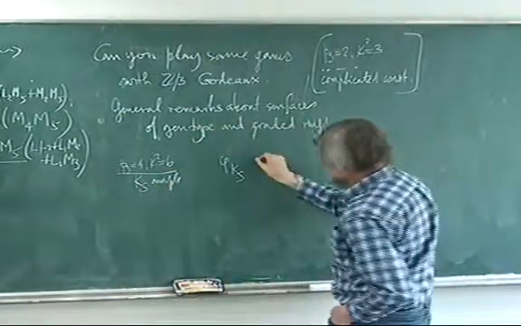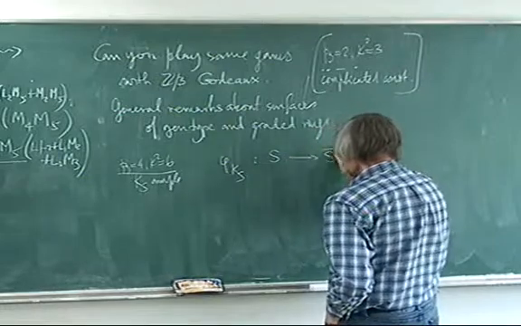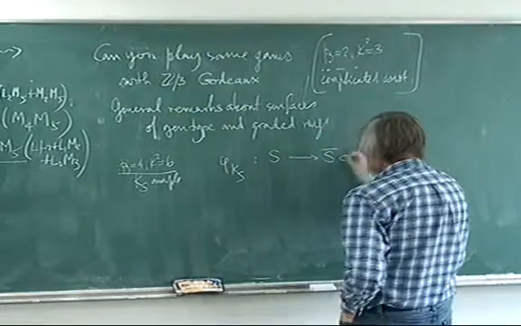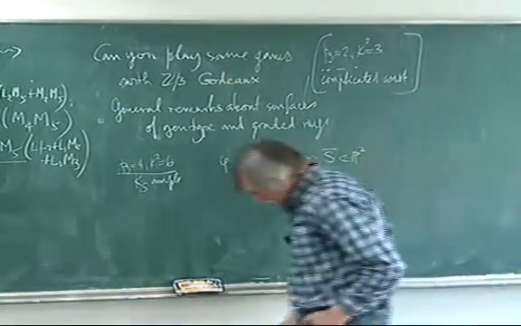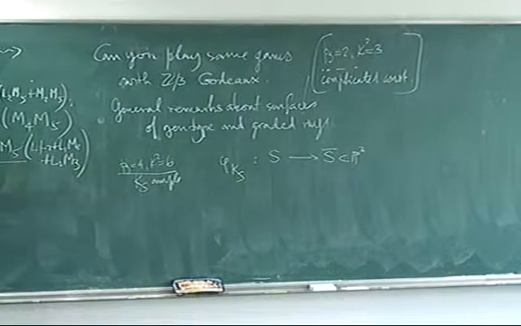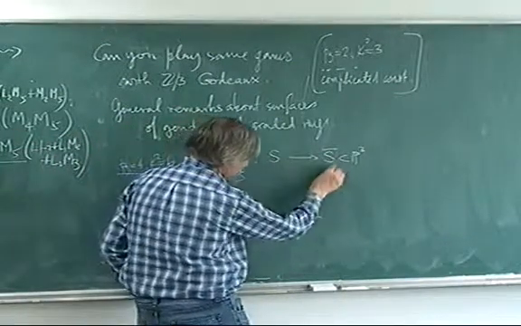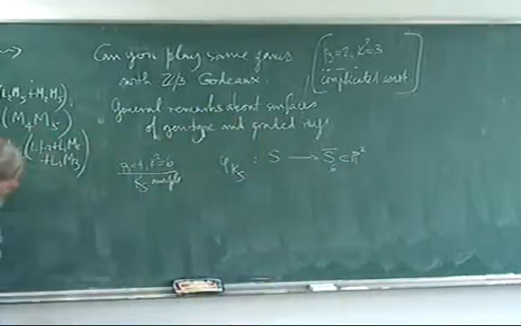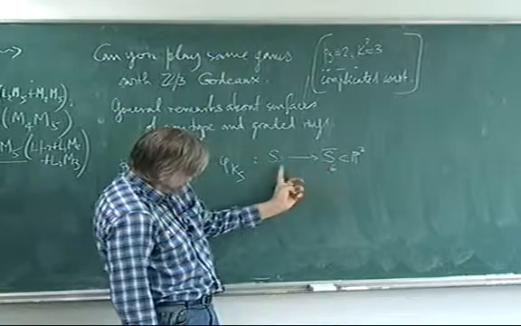So this is mapping S to some surface S bar in P3. I'm assuming this is a morphism, and everything is as nice as possible. One thing is clear: this cannot be an isomorphism, right?